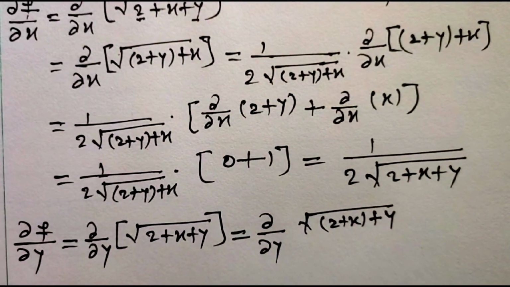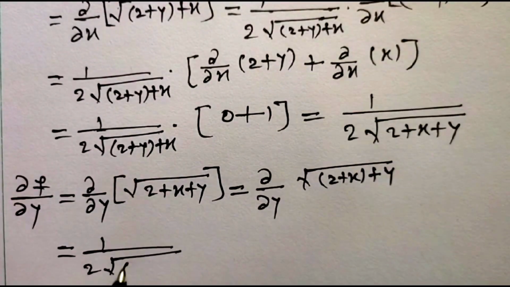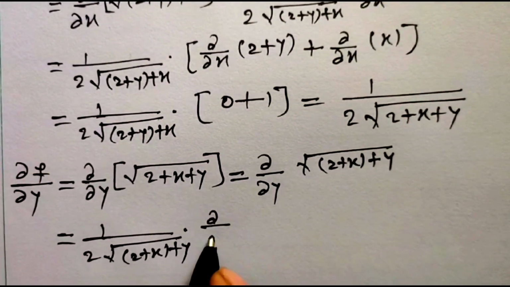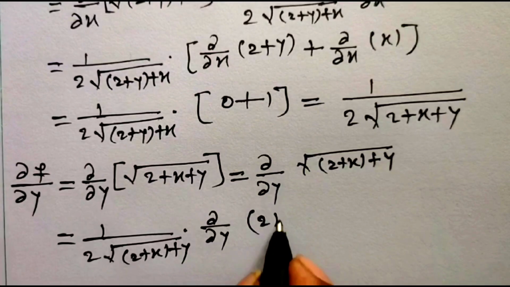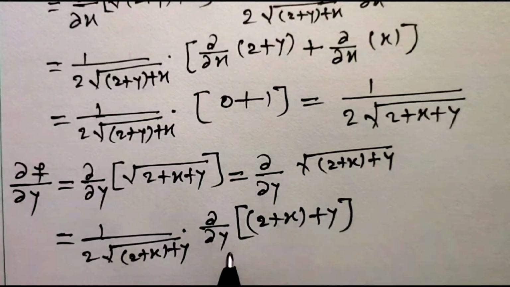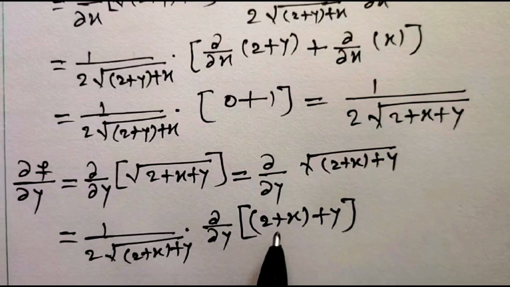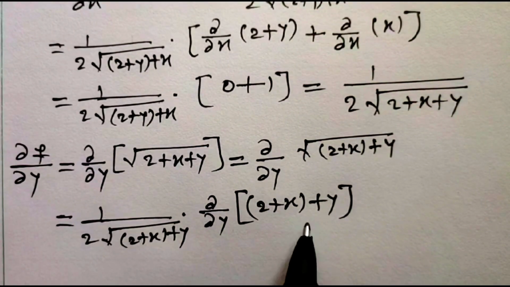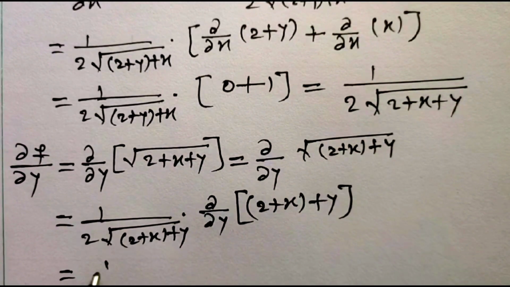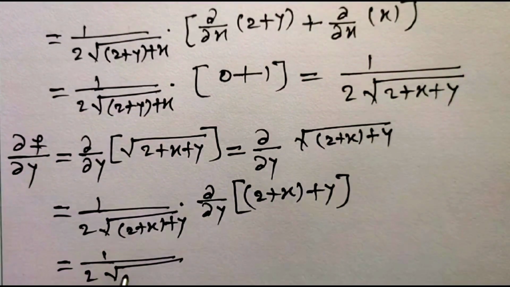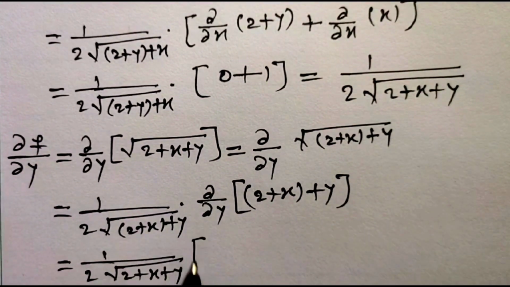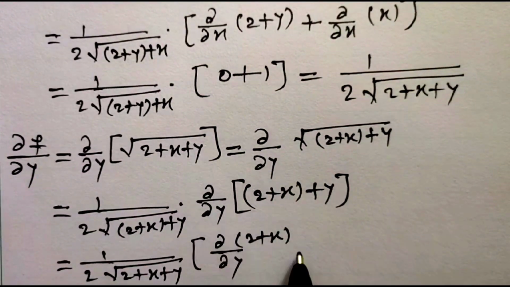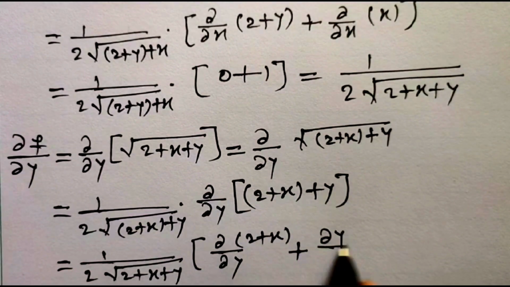So this is equal to 1 upon 2 root 2 plus x plus y into partial derivative with respect to y of 2 plus x plus y. We are differentiating with respect to y. So considering x as constant, 2 plus x becomes constant. Take this differential operator inside this bracket. So this is equal to 1 upon 2 into square root of 2 plus x plus y into bracket partial derivative of 2 plus x with respect to y plus partial derivative of y with respect to y.